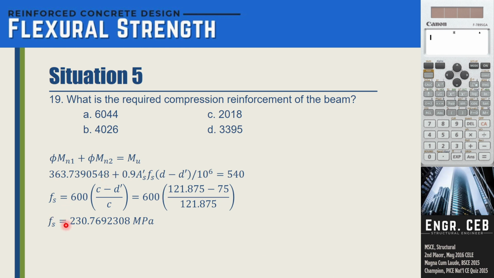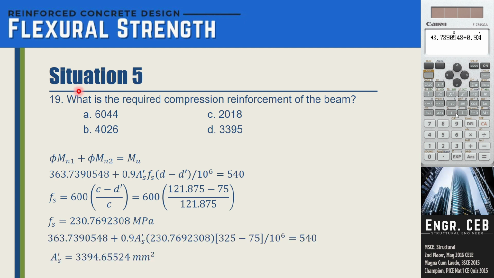Since it does not yield, I placed fs right away. We can now compute As'. As' equals 3394.655, and that is letter D.